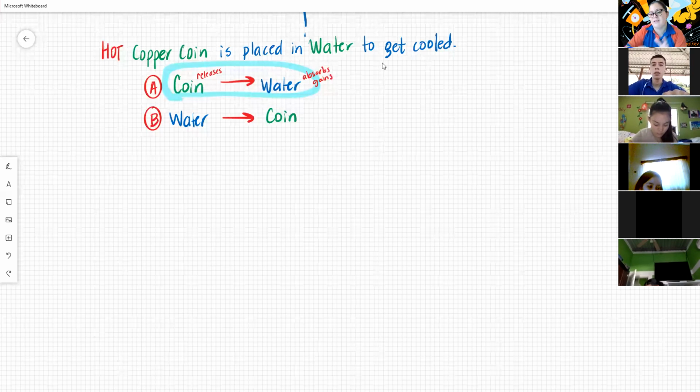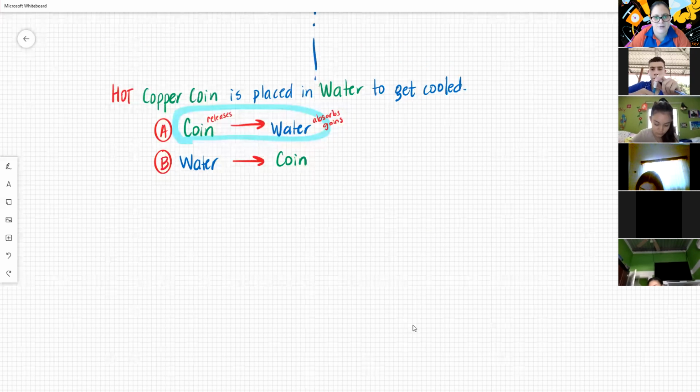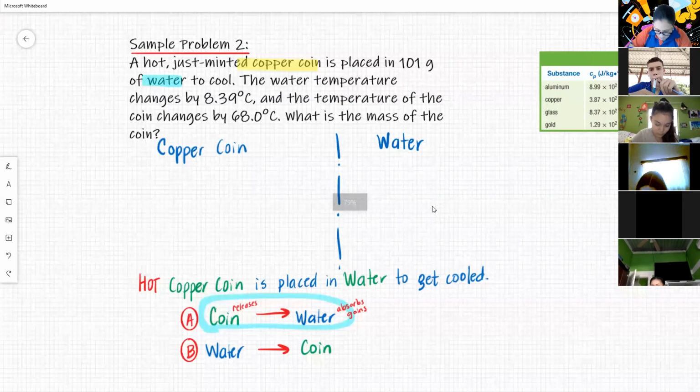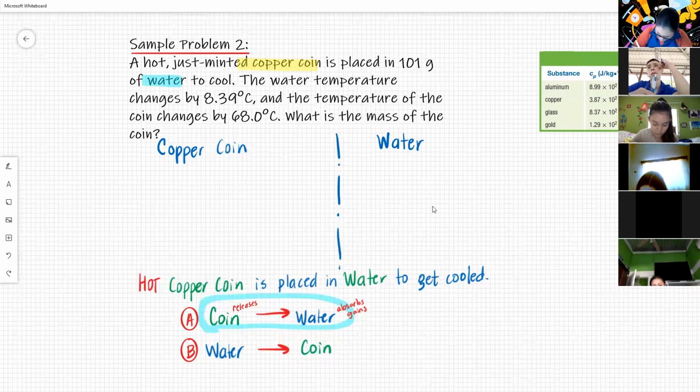That is what we know as heat transfer, okay? So I'm going back to the exercise, and I say the copper coin is the substance that releases temperature, and the water is the one that gains temperature. That is important, and you will see why.